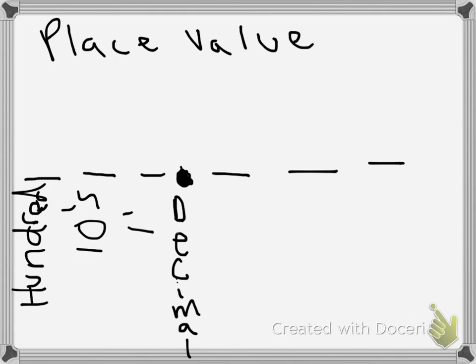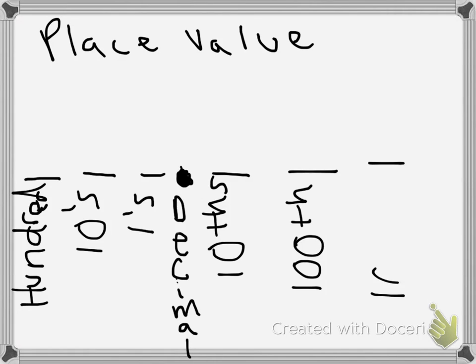Here's the ones. Here's the tenths, not to be confused with the tens. This is after the decimal point. It's part of a whole. So we've got the tenths, the hundredths, and the thousandths.